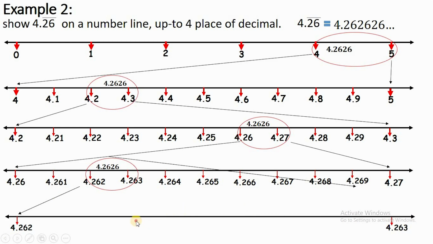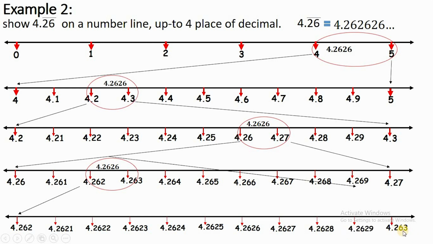4.263, and we'll divide this line in 10 equal parts and we'll write all the numbers, that is 4.2621, 4.2622, 4.2623, 4.2624, 4.2625, 4.2626, 4.2627, 4.2628, 4.2629, and last one is 4.263.